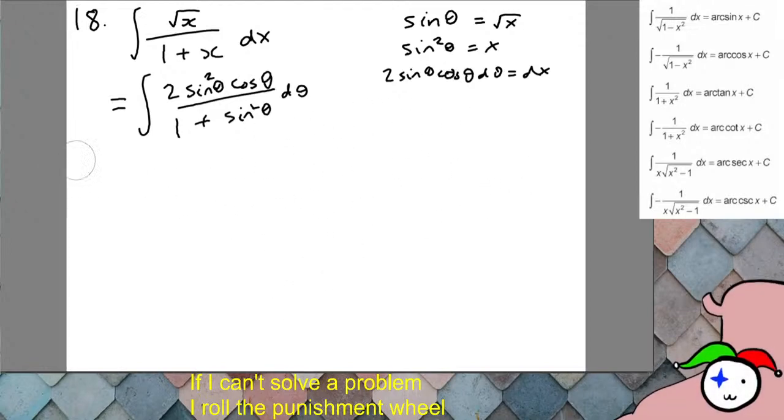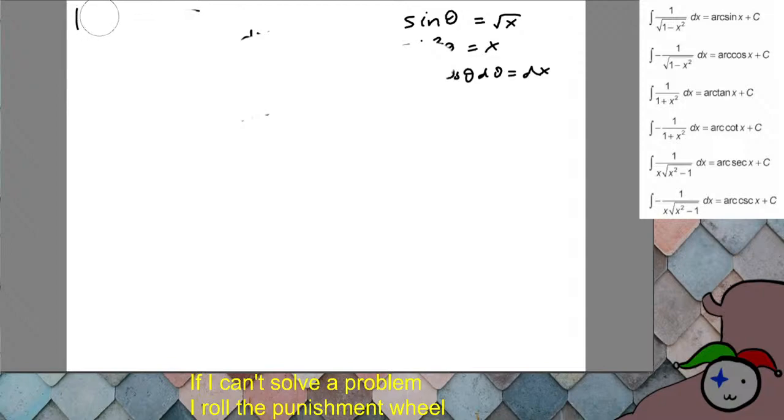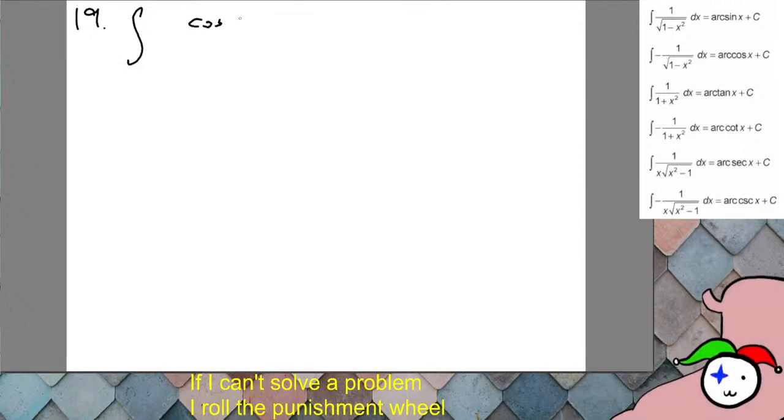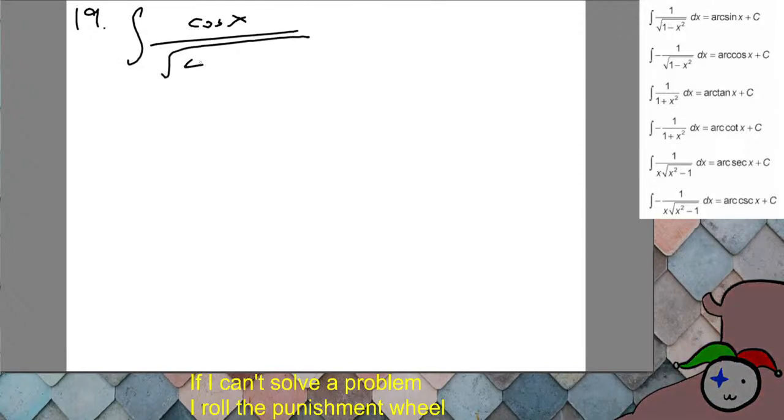Leave a comment if I'm completely wrong. Cos x over 4 minus sine squared x. That's the next one. It seems awfully familiar. It is. It's the other one, but instead of it being at the top, it's at the bottom.